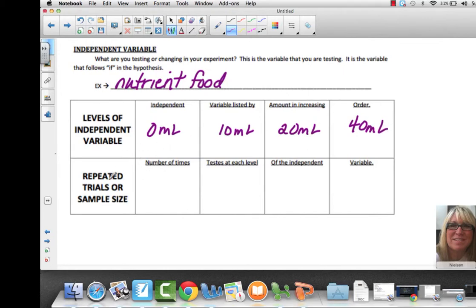And how many times? We have to do repeated trials. So let's just repeat each of these 3 times. We'll have 3 different plants. So we'll have a total of 12 plants, and we'll do 3 at 0, 3 at 10, 3 at 20, and 3 at 40.